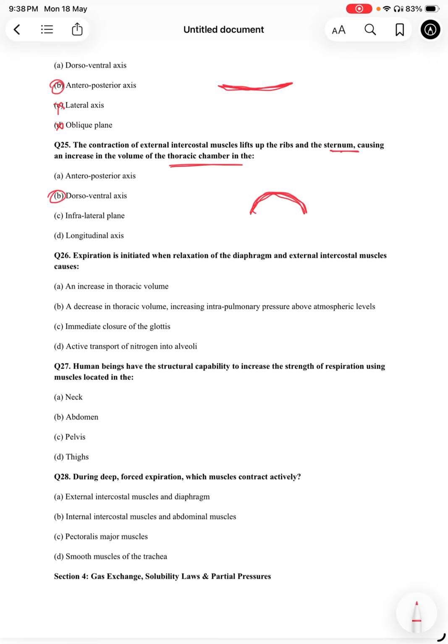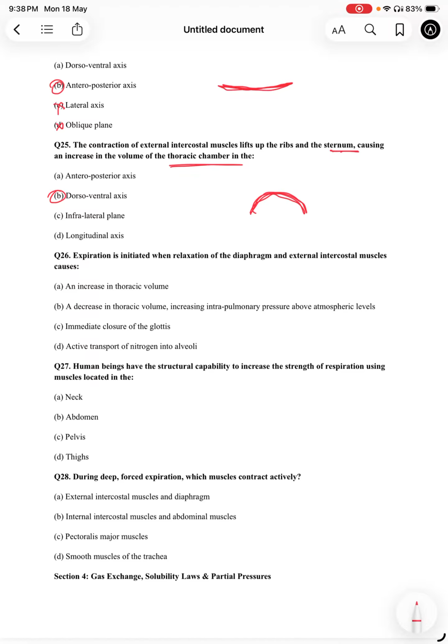Expiration is initiated when relaxation of the diaphragm and external intercostal muscle causes a decrease in the thoracic volume, increasing intrapulmonary pressure above atmospheric levels, immediate closure of glottis, active transport of nitrogen into alveoli. We need to know that normal quiet expiration is a passive process.